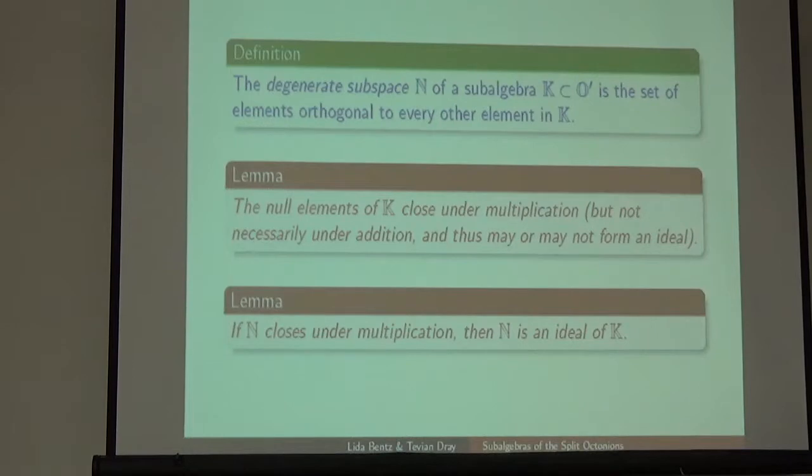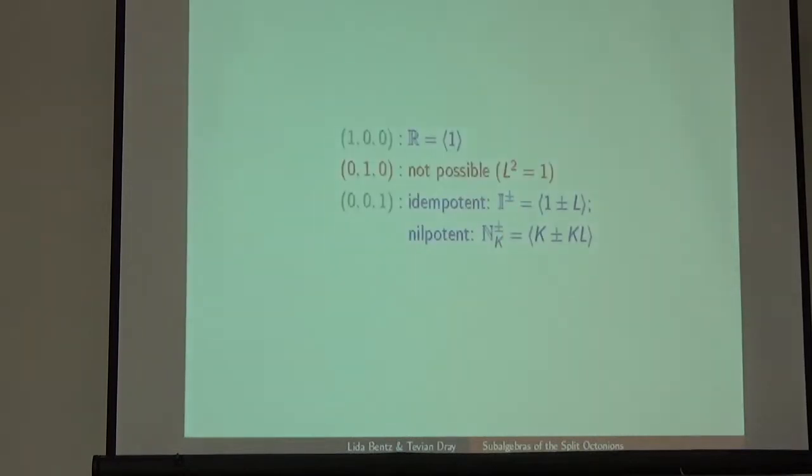So let's look at some examples of this. We have the one-dimensional cases, of course, the real line, signature 1, 0, 0. We cannot have a signature of 0, 1, 0, because as soon as you have one of those time-like elements, something with L in it, L squared will be 1, and the signature would then not work.